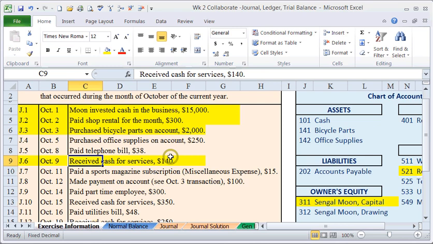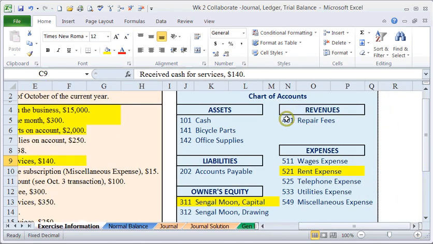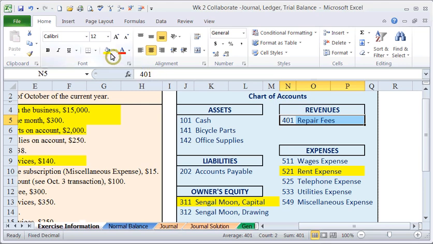He received that cash for services. So whenever services are performed, we're going to record our revenue earned. We need to look at his chart of accounts, and we'll see that he records his revenue in an account called repair fees.